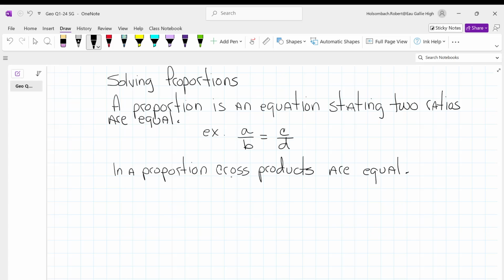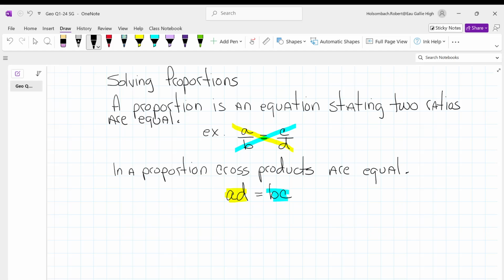Okay? What they mean is that A times D is equal to B times C. In a proportion, crisscross products, A times D is equal to B times C, meaning whatever is in those locations, the product of a numerator and a denominator is going to be equal to the product of a denominator times a numerator. Every time.